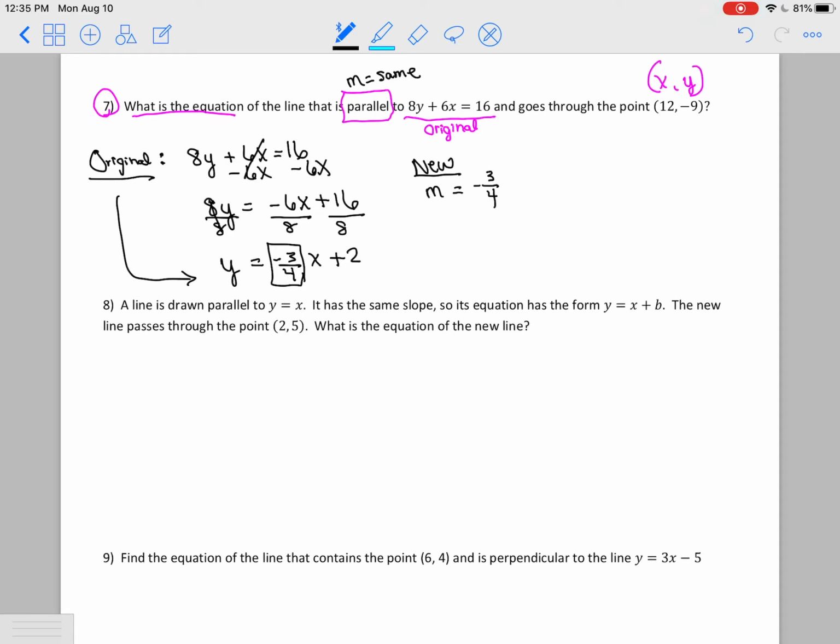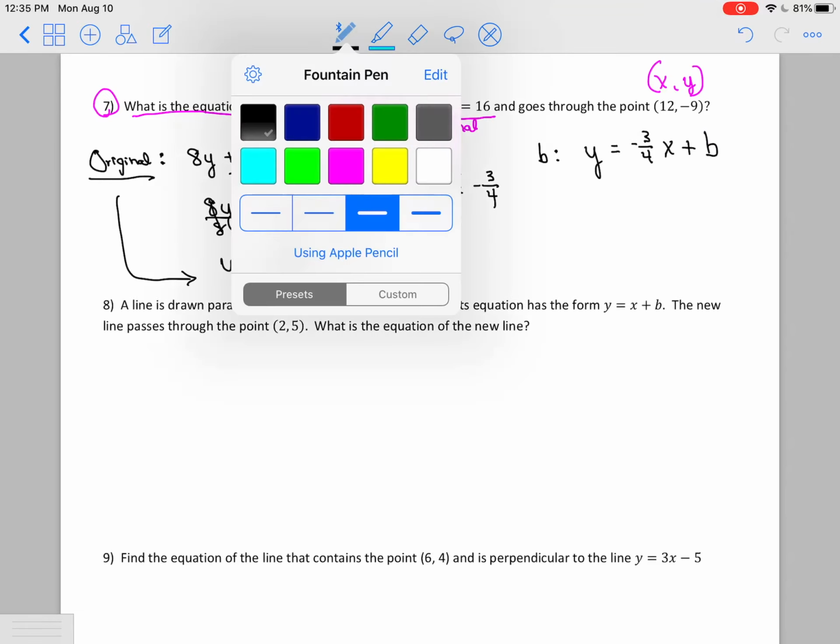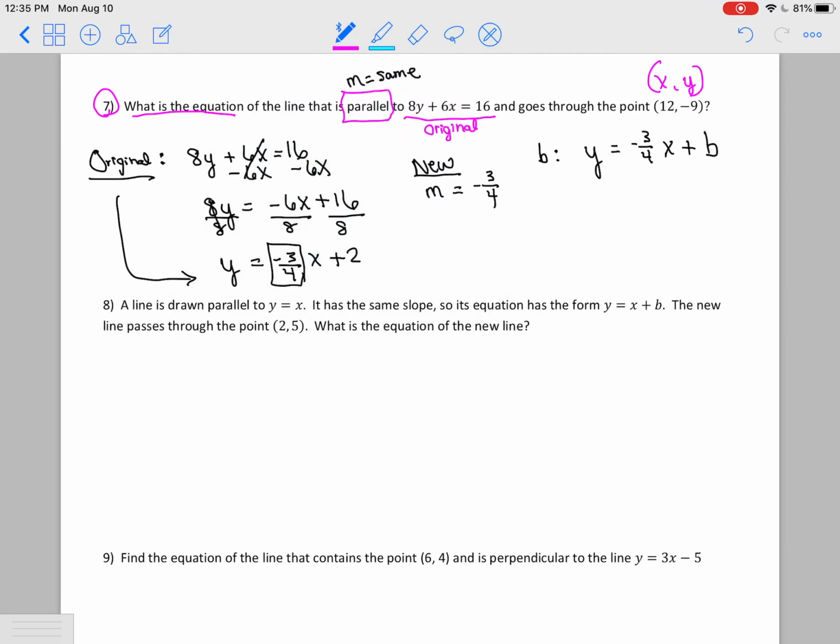How do we find our b? Well, that's why they give us this point, right? In order to find our b, we need to just plug in. So our m is that, and in order to find our b, let's write out an equation with our original slope. We know that this is true, but we don't know anything else yet. We don't know our b. So we're going to just take our two values that are given. Our y is going to be negative 9. Our x over here is 12.